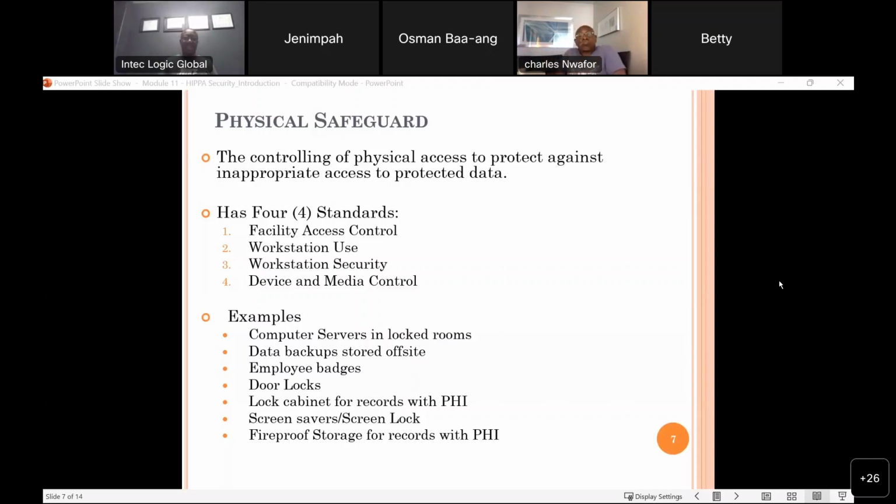It shouldn't be at the same place. Employee badges, door locks, locked cabinets for records with PHI, screen savers or screen locks, fireproof storage for records with PHI. These are all examples of physical safeguards. So we'll go deep into that.